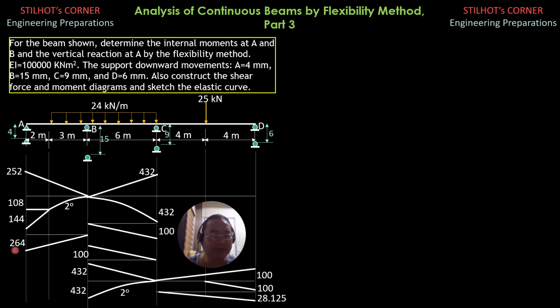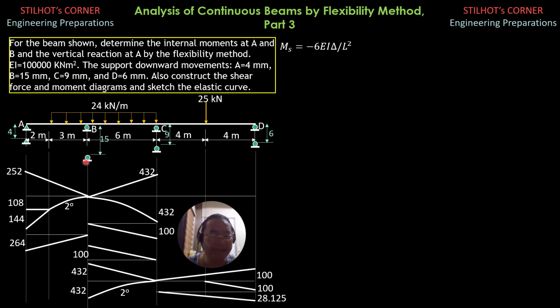This 264 kilonewton meter is the side sway moment given by negative 6 EI delta over L squared. That's the formula from the slope deflection equations. Delta at A is treated positive because A is above the reference at B, by 11 mm.